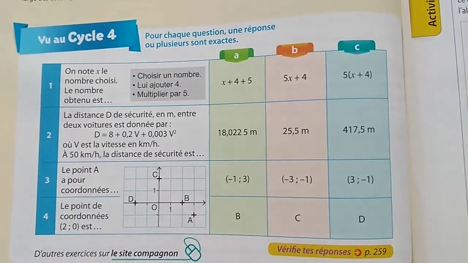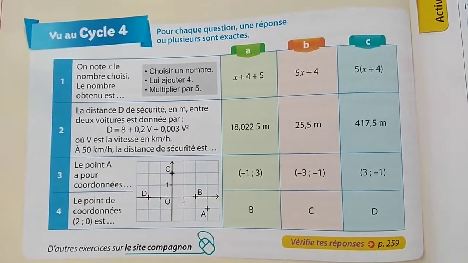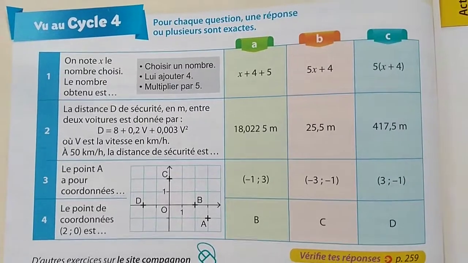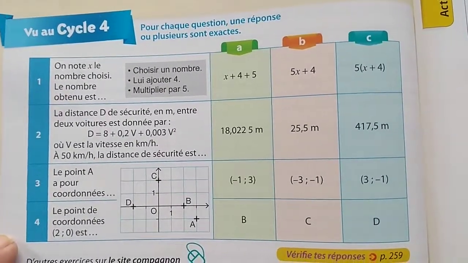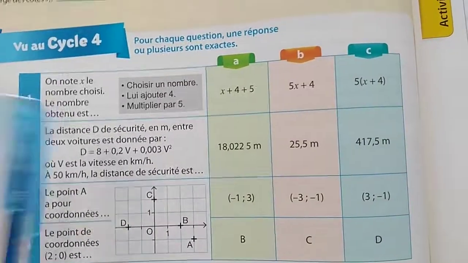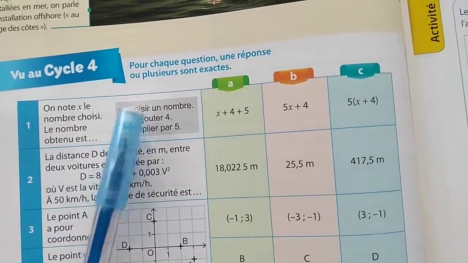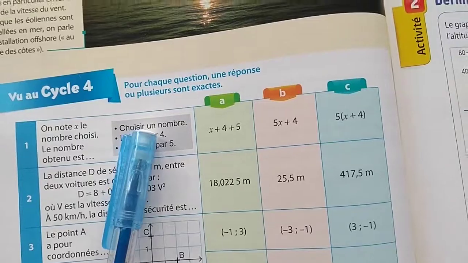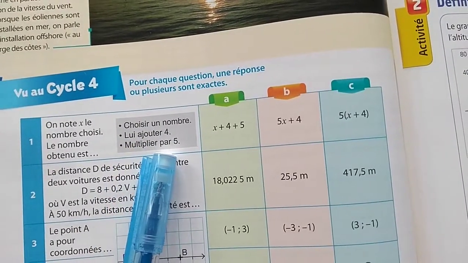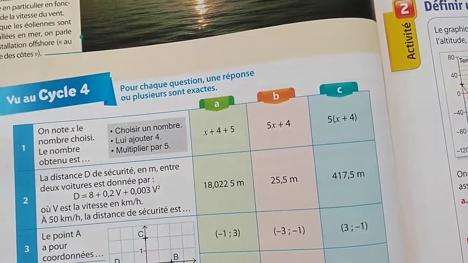So we continue this video by coming back to page 82, and we will do the 4 oral problems here verbally. On note x, le nombre choisi, le nombre obtenu est, and here they give you instructions. Choisir un nombre, lui ajouter 4, multiplier par 5. Which one of these is correct?